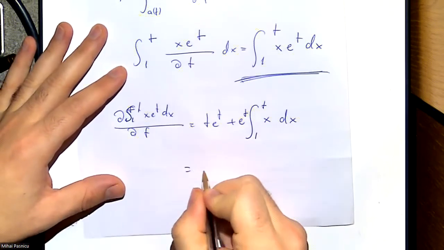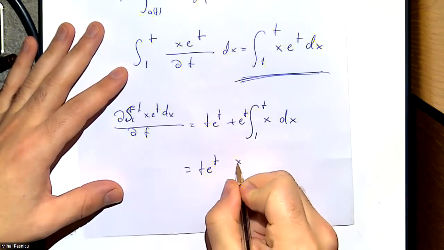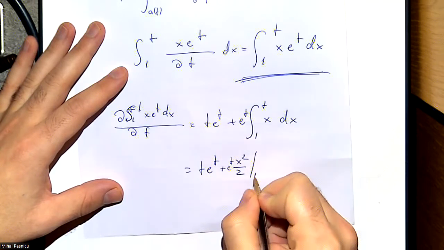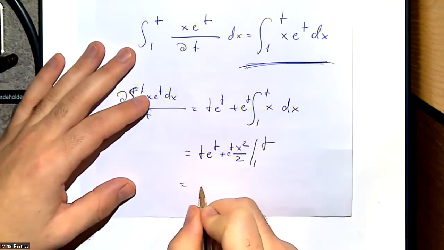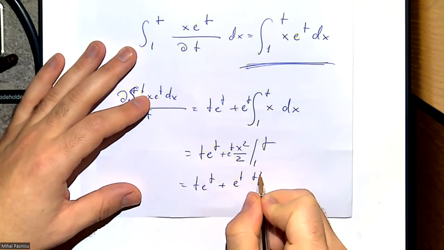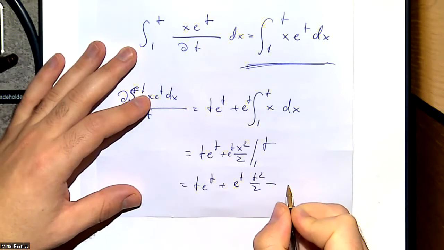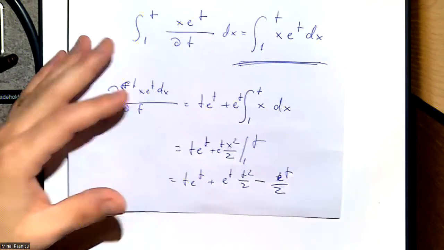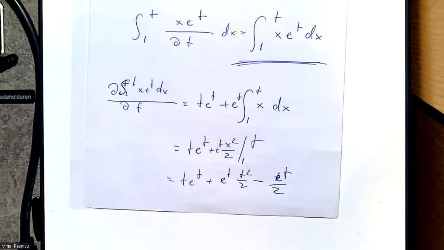So this is just equal to t e^t times x plus x squared over 2 between 1 and t. So this is just e^t plus e^t t squared over 2 minus e^t over 2. Okay, pretty standard, doesn't do anything special.